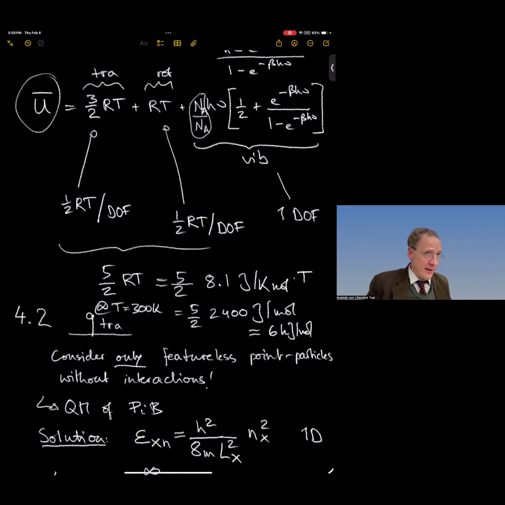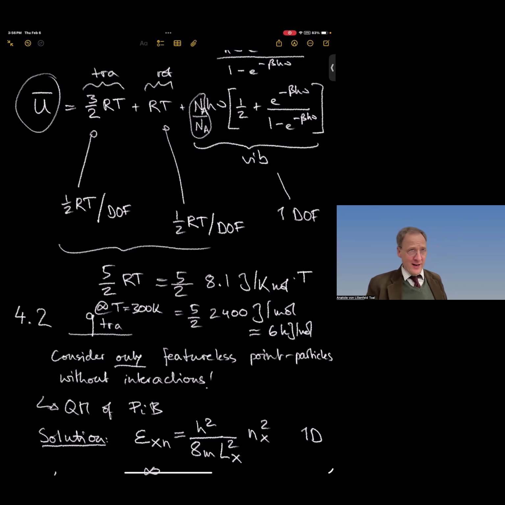Now, if I break a covalent bond, how much do I have to pay in terms of energy, right? Does anybody know? Nobody?